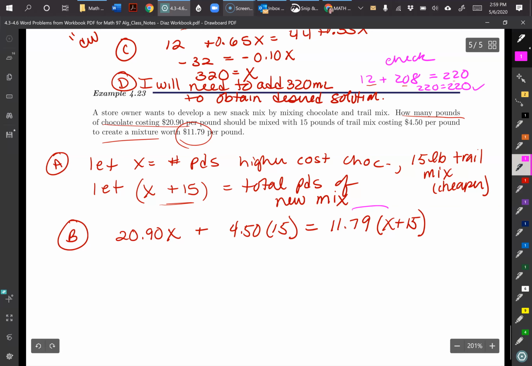Now I just need to distribute, got to do my calculations here, combine like terms, solve. So go ahead and pause and do that.